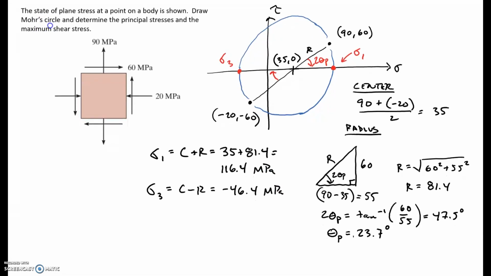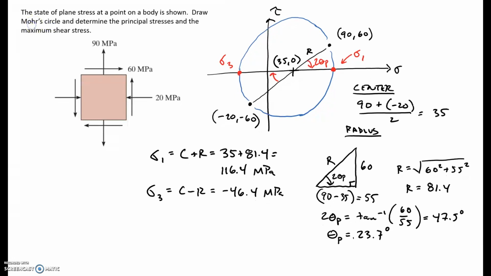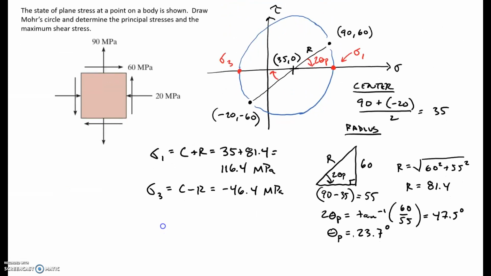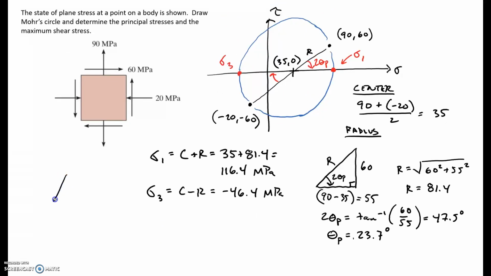If you were to plot the state of stress, let me see, my little cube is going to rotate clockwise 23.7, so something like that. Here's 23.7 degrees on my element.